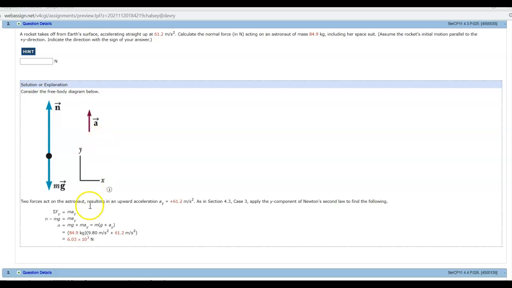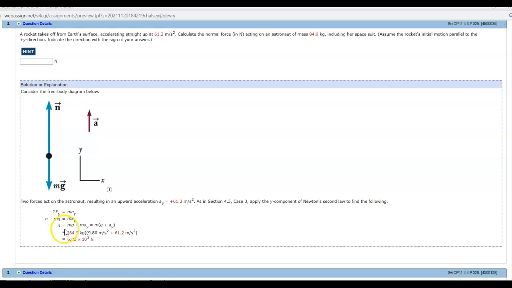Okay, so those two forces are going to subtract from each other here, and we set that equal to the mass times acceleration.